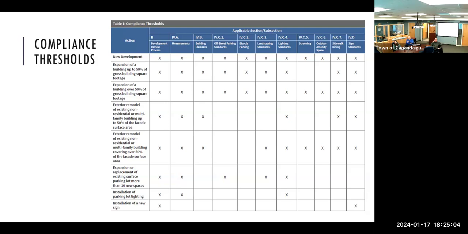There are some pretty aggressive minimum transparency requirements, which again we had a lot of discussion around, and we're very intentional with that overarching goal of really creating a vibrant, active corridor that is geared towards pedestrians, walkability, creating that environment.